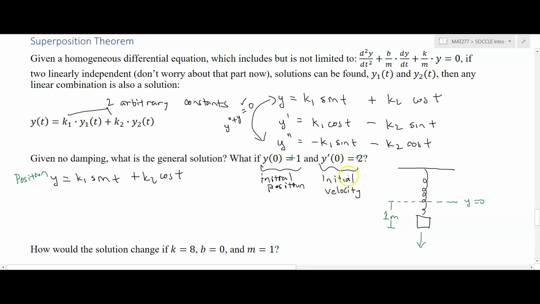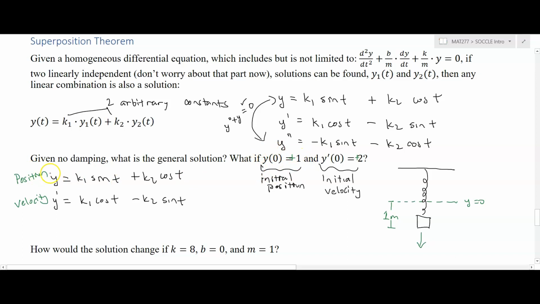So in order to solve for the constants, I actually have to find the velocity function, which we said was k1 cosine t minus k2 sine t. And this is our velocity. Right? So once we have the solution for position, we can take derivatives all day long. And now we're going to make the substitution.